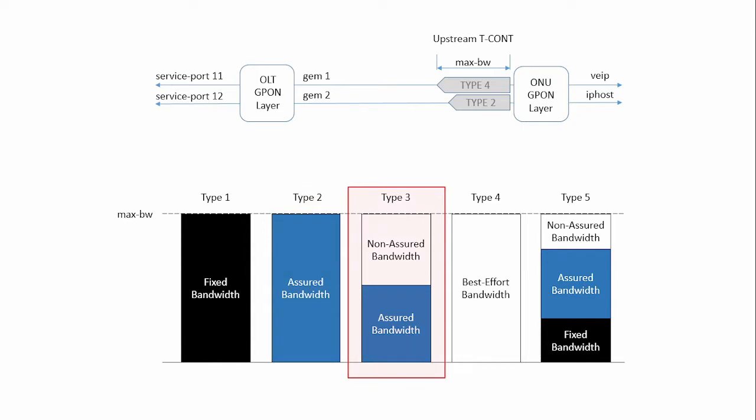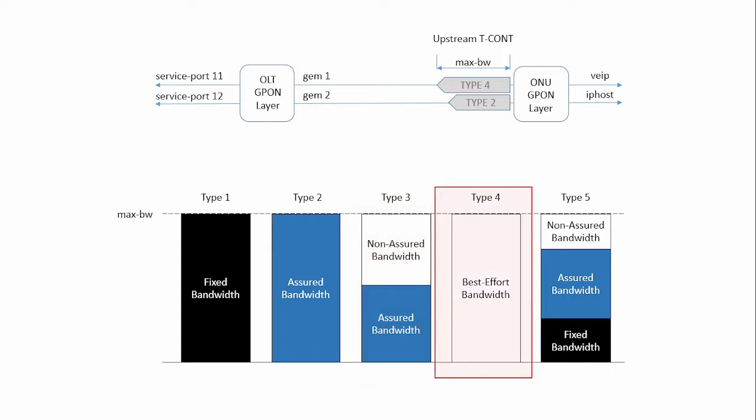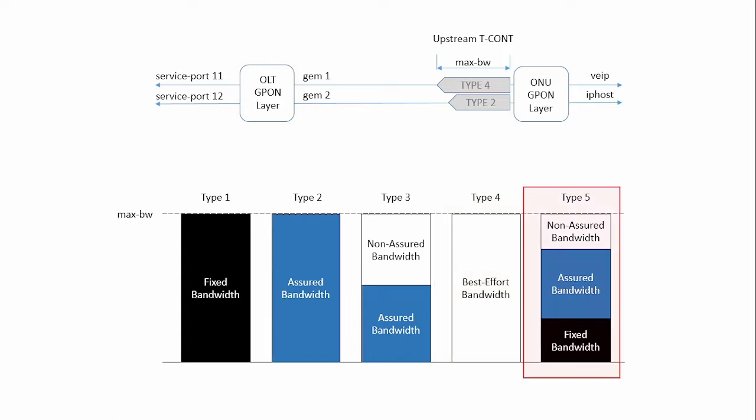Type 3 is also used to allocate assured bandwidth, but allows non-assured bandwidth allocation, if available, up to the maximum configured bandwidth. Type 4 is used for allocation of traffic that is not sensitive and has the lowest priority, typically a residential internet service. Type 5 is a combination of the other types.